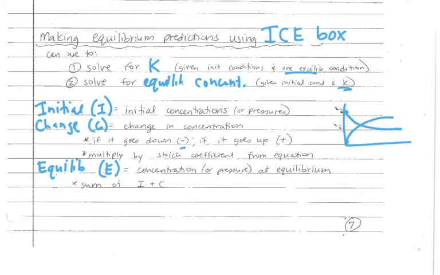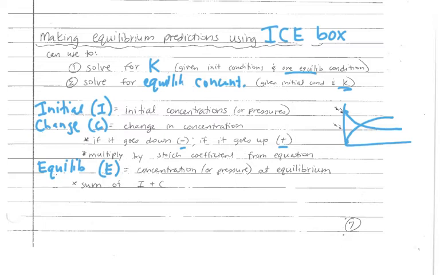If it's going up, like the products here, it would have a positive value. The equilibrium is just the initial plus the change. If the change is negative, it's initial minus the change, and if the change is positive, it's initial plus the change.